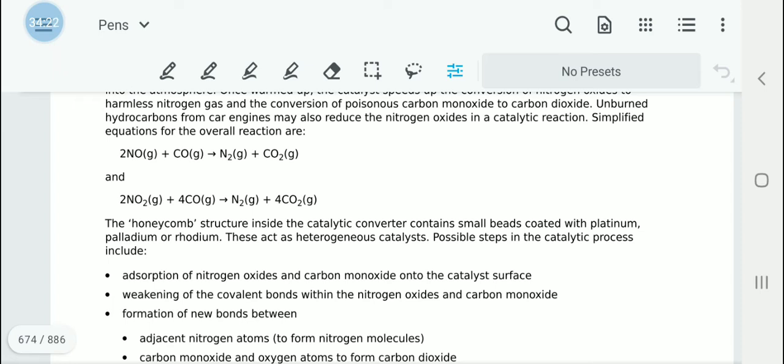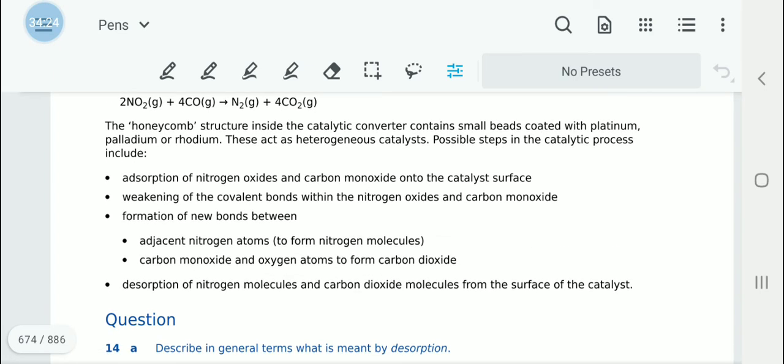So what happens is adsorption of nitrogen oxides and carbon monoxide will happen on the catalyst surface. Then the covalent bonds are weakened between nitrogen oxides and carbon monoxide. Then new bonds would be formed by joining adjacent nitrogen atoms, and carbon monoxide with oxygen to produce carbon dioxide. So the N-O bond would be weakened.